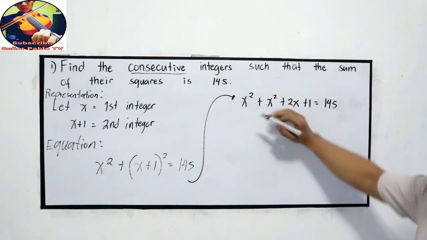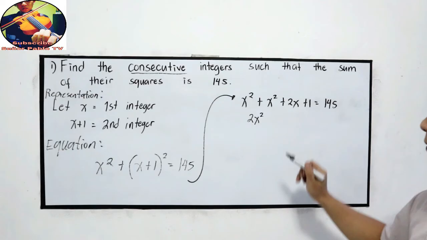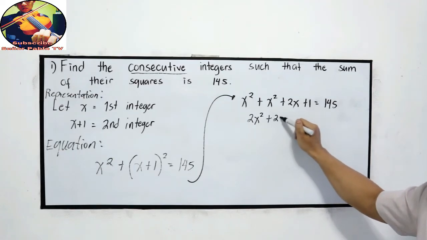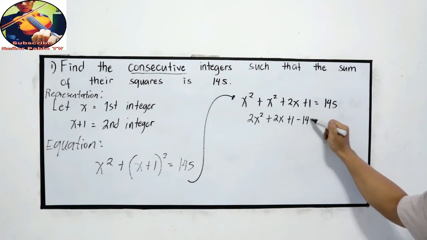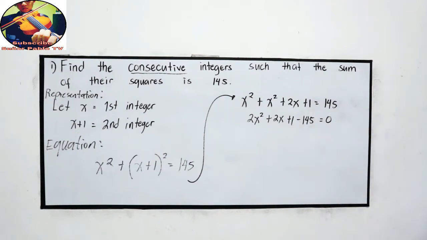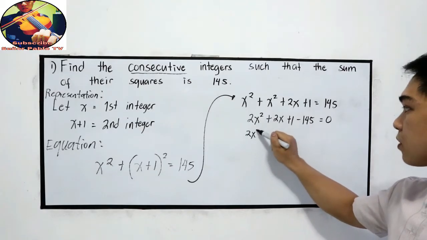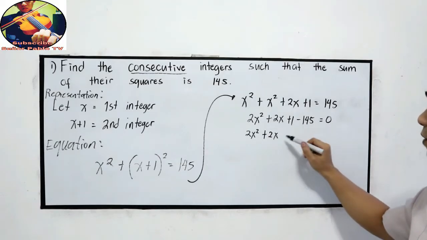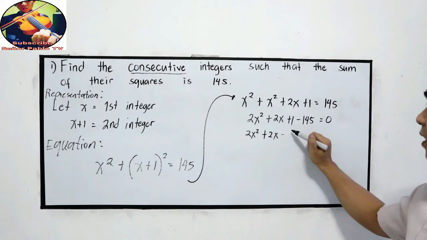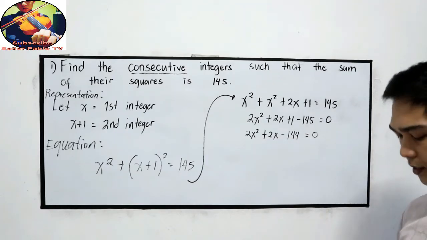Now, combine like terms. X squared plus x squared, that is 2x squared. Plus 2x plus 1, transpose natin. Negative 145 is equal to 0. X squared plus 2x, 1 minus 145, negative 144 is equal to 0.